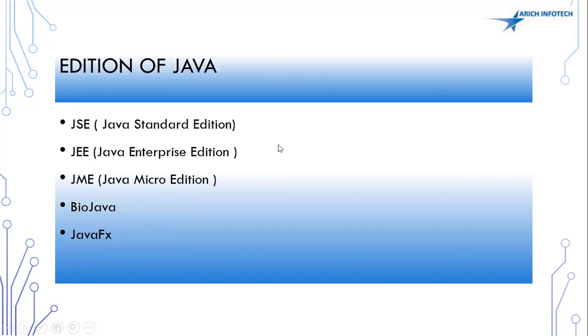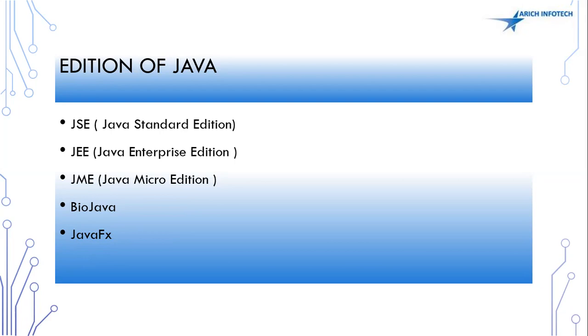In addition, Java provides, I think you know, core Java and advanced Java. But actually, core Java and advanced Java are not official words. Actually, Oracle provides us different editions for different purposes, like JSE, JEE, JME, BioJava, and JavaFX.